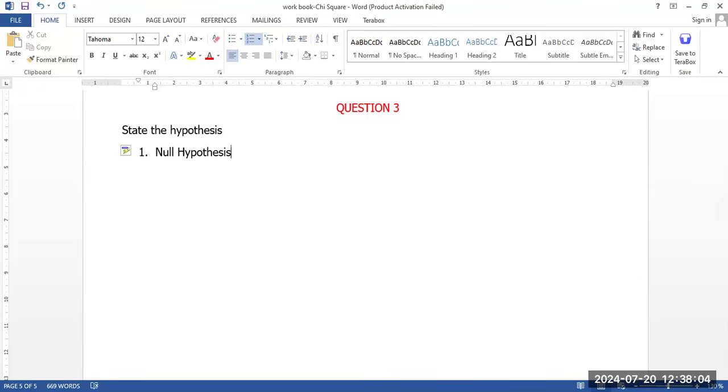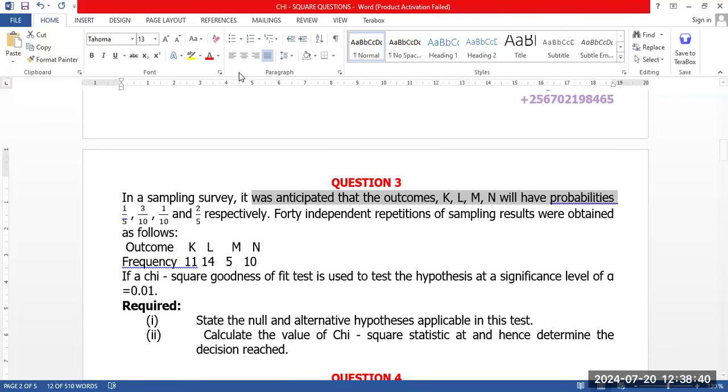Null hypothesis, this is H naught. What have you stated? The probability of K, in the question, is what? 1/5, 1 out of 5.